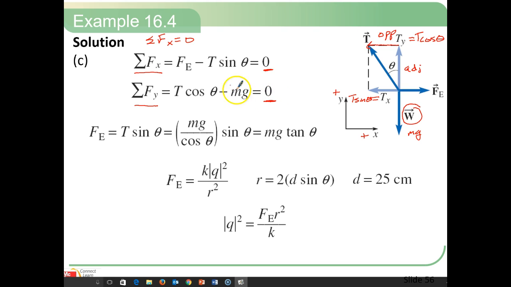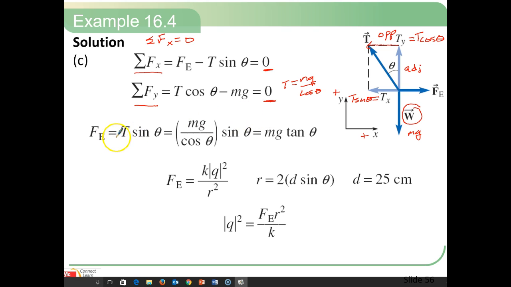At this point, we can solve the top one for Fe. Fe would be equal to T times the sine of the angle, but we can also solve this equation for T. So this one's going to be T is equal to mg over cosine of the angle.